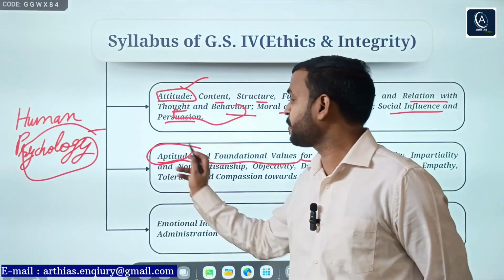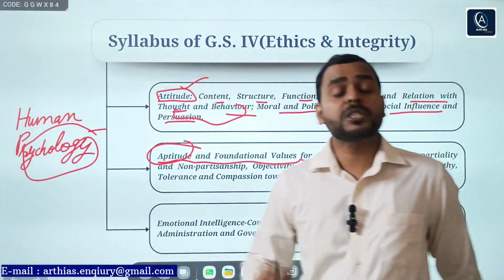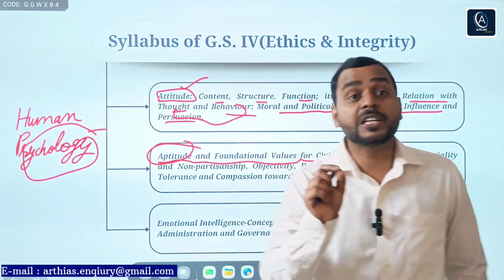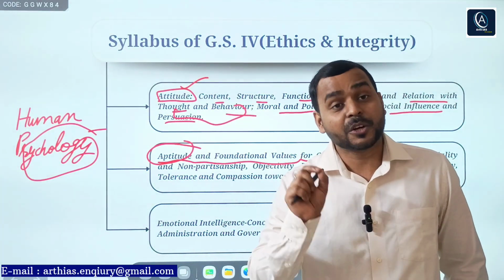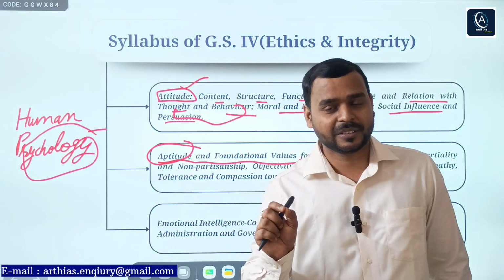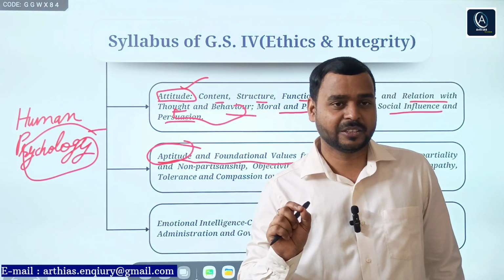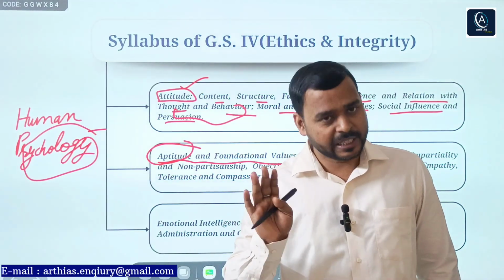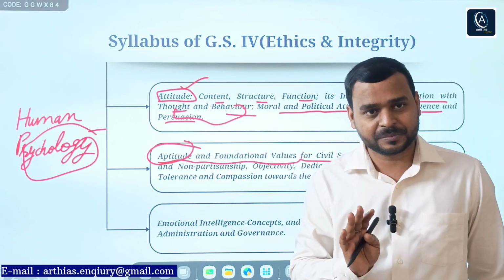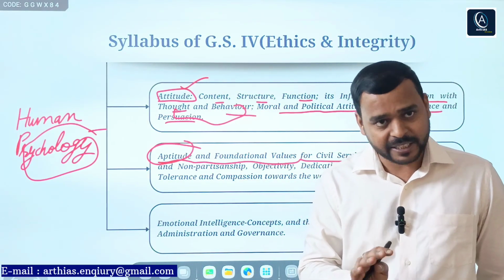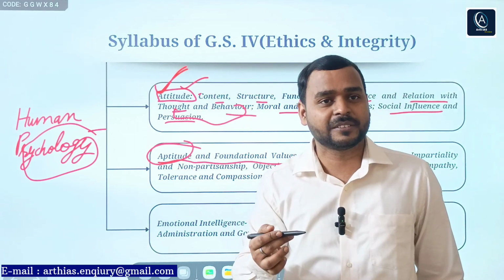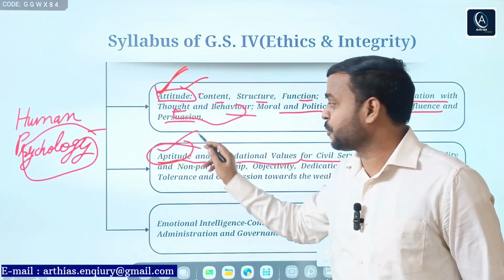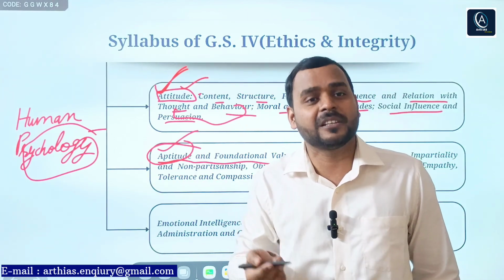What is the meaning of aptitude? Simply, when we talk about aptitude, it is your natural skill or talent to solve any problem. That is the simple meaning of aptitude. Attitude reflects your behavior, your thought, but aptitude reflects your talent, your skill.